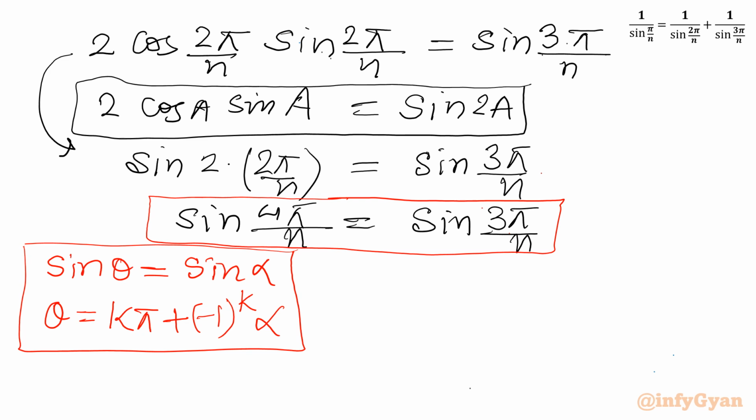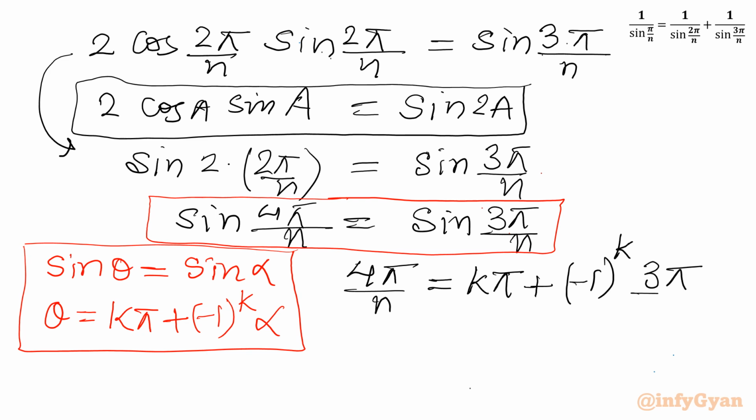So let us apply. I will write 4 pi over n equal to k pi plus minus 1 raised to the power k times alpha, which is 3 pi over n.